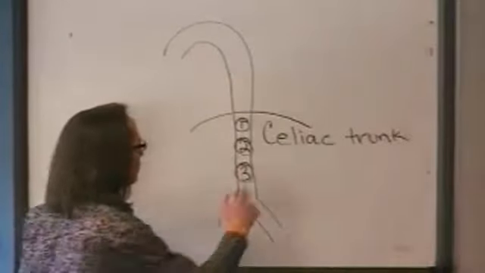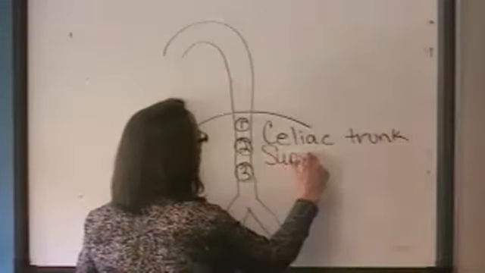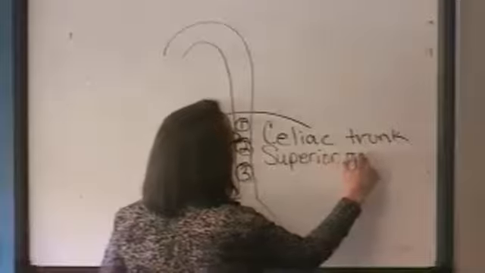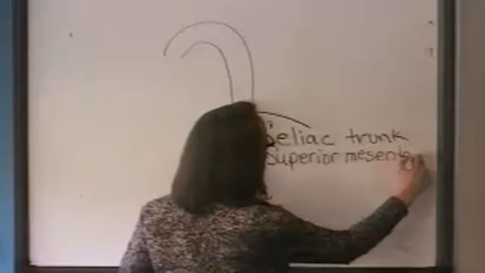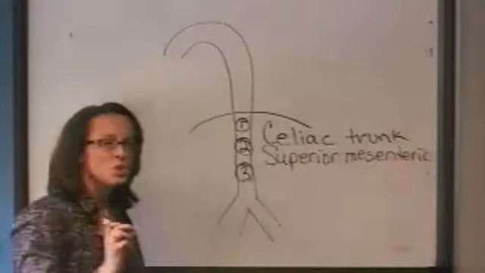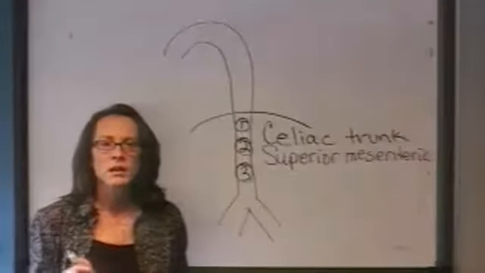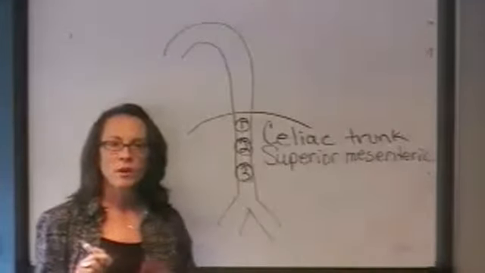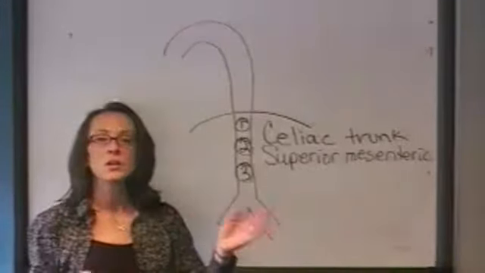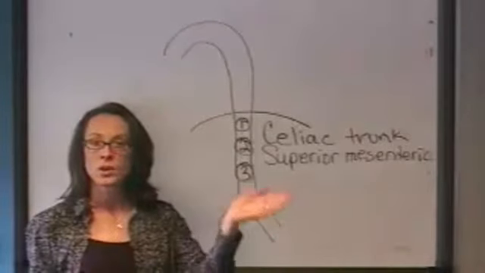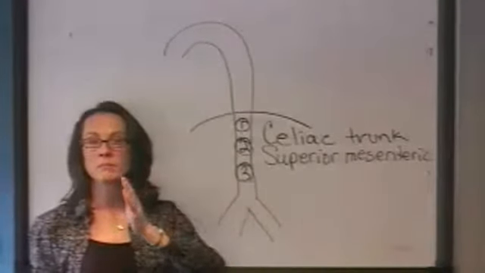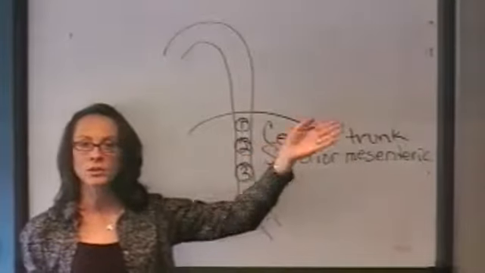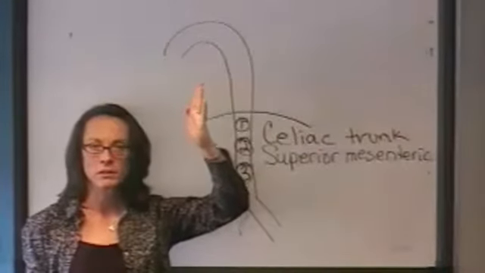Superior mesenteric is number 2. Superior mesenteric is going to go from the duodenum, jejunum, ileum, cecum, ascending colon, half of transverse colon.